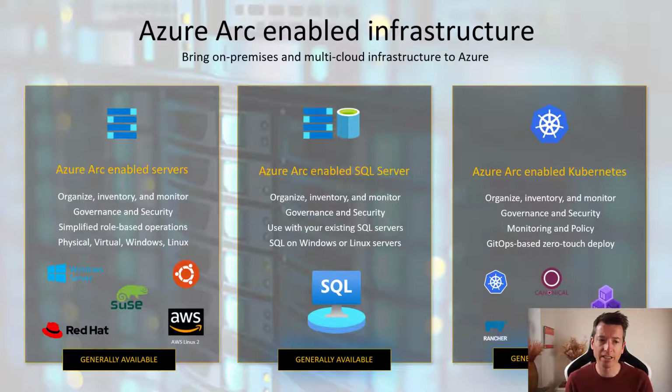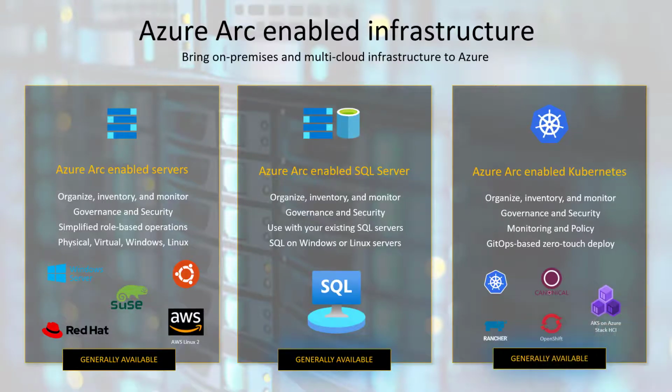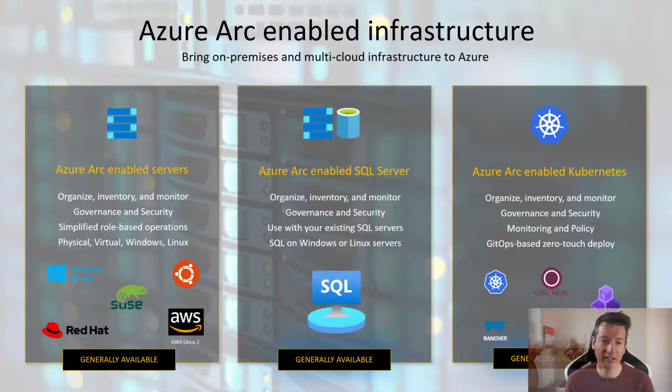And the last thing is that we have Azure Arc-enabled Kubernetes. So that means that you can have any CNCF certified Kubernetes cluster that can be onboarded into Azure. So all the well-known Kubernetes vendors will work with Azure Arc-enabled Kubernetes, and in that way you can also monitor, govern your Kubernetes cluster, but very important, you can deploy your application to whatever Kubernetes cluster you want, right?